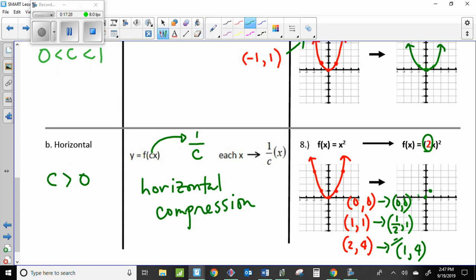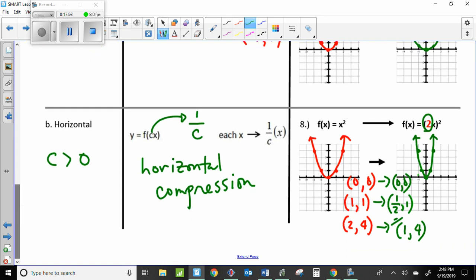My 2, 4 will now be 1 and 4. My negative 1, 1 will now be negative 1/2 and 1. And my negative 2 and 4 will now be negative 1 and 4. So your graph now is narrower and it is horizontally compressed.